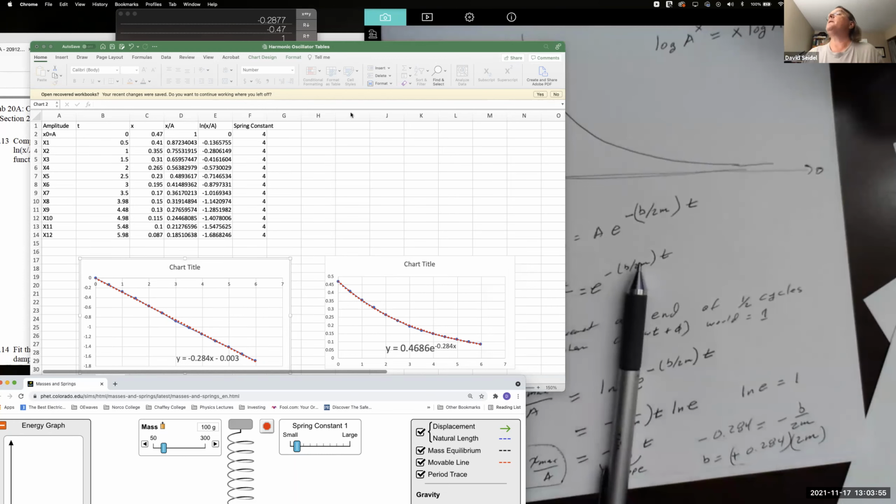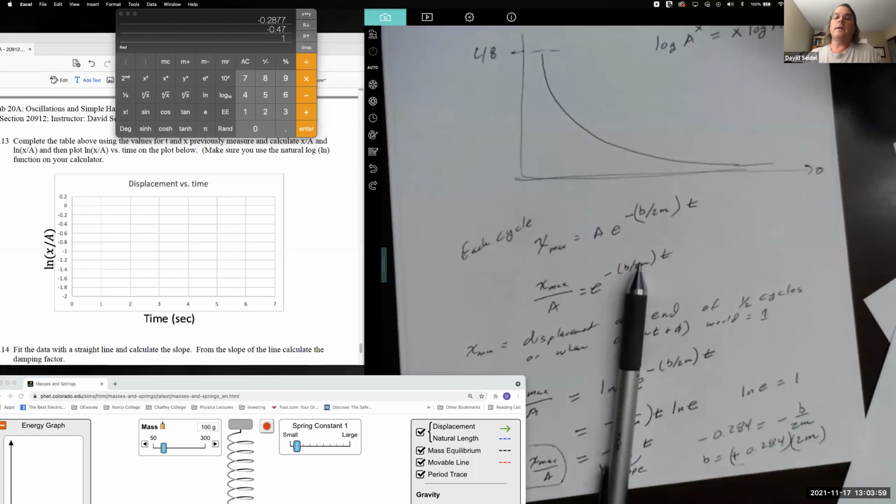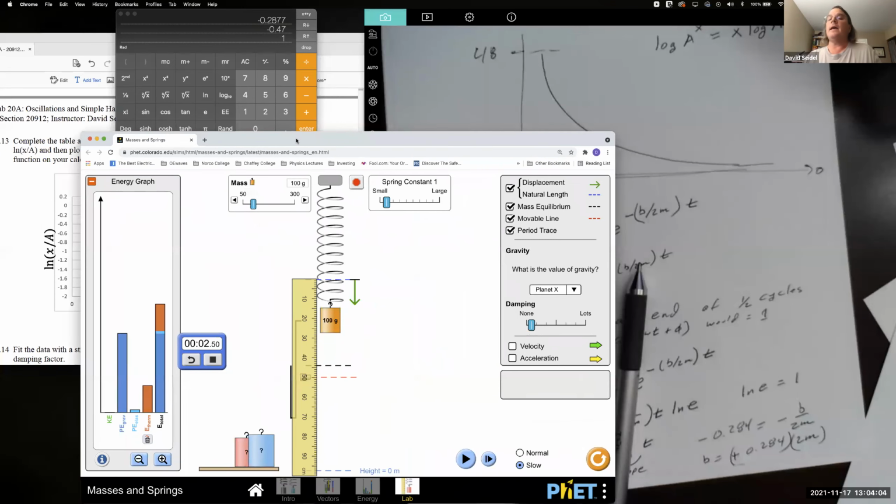And, you know, it's a good piece of data, a good lab to understand analyzing data. And doing this analysis of data is very important. I don't know what fields many of you might go into, okay, but we're doing physics for science majors in this class. You're going into medical fields.